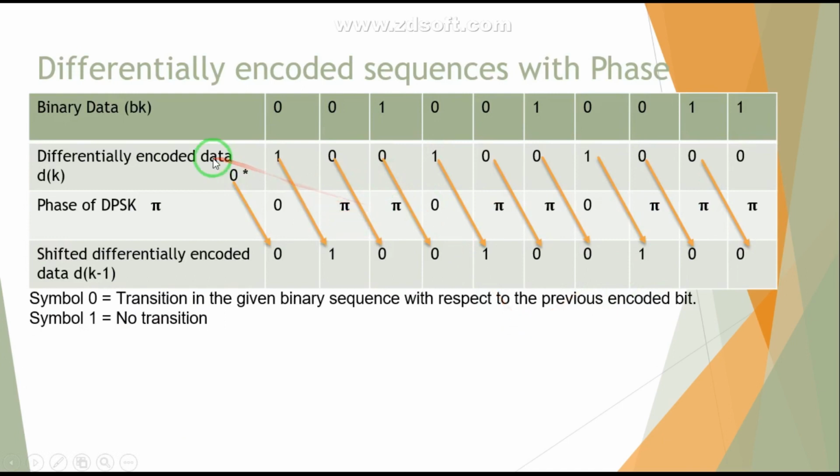You can see that the shifted differentially encoded data, d of k minus 1, is shifted by a unit of 1. So this 0 came over here, this 1 came over here, 0, 0, and 1 came over here. All these encoded data are shifted by 1, and it is shown in the 4th row of this table.